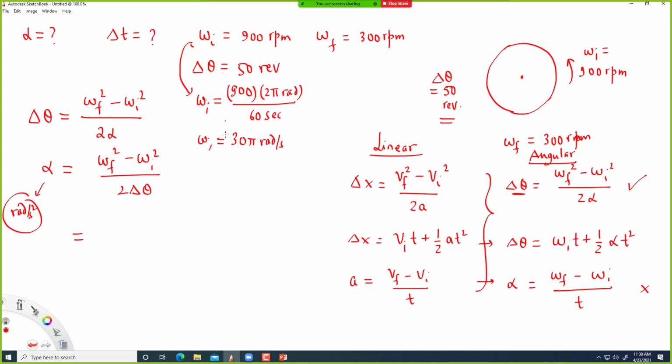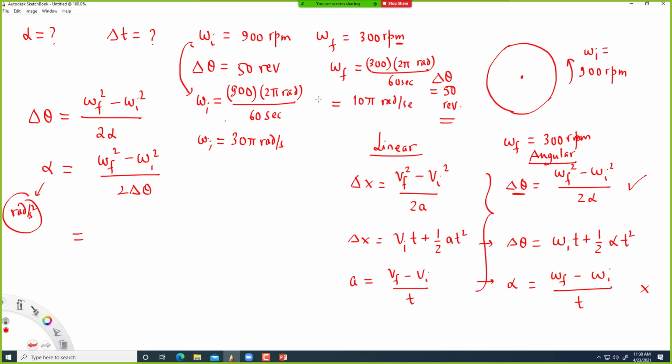Likewise, we can convert this into radian per second. So 300 revolution, in one revolution we have 2 pi radian, and in 1 minute we have 60 seconds. So if you do that calculation, you get 10 pi radian per second.